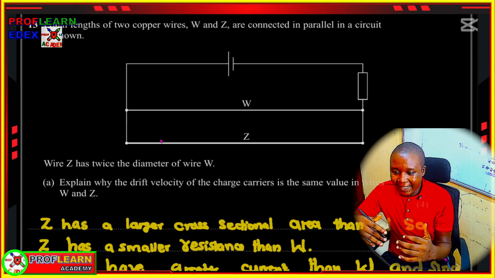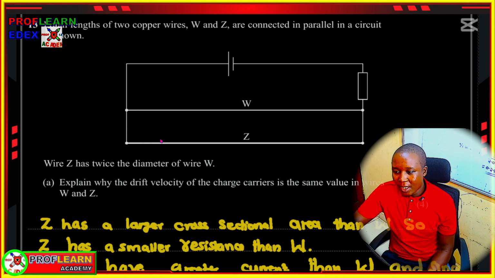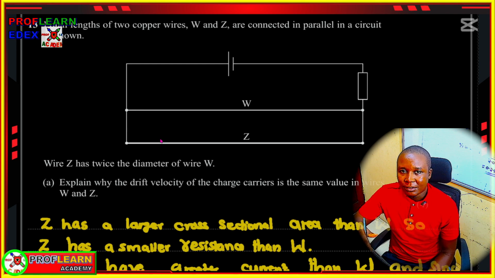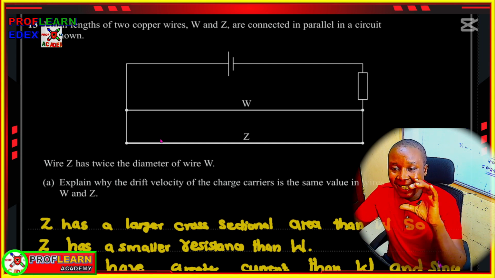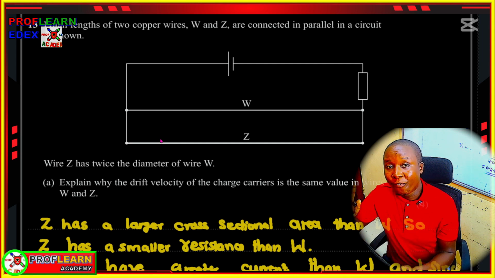Now, wire Z has twice the diameter. So if it has twice the diameter, its resistance is going to decrease by a factor of 4. So it means W is going to have a higher resistance than Z by 4.